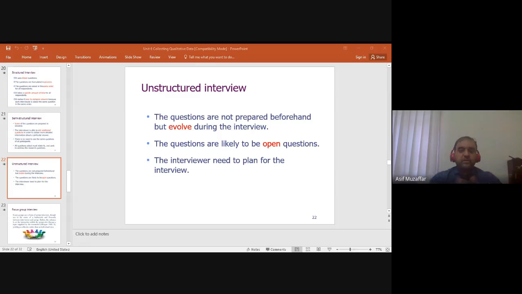Whereas in unstructured interviews, you are not even sure about the research theme. You want to verify the research theme first. So that is why you are conducting some unstructured interview. Yes, it is possible that when you are conducting that unstructured interview, some factors or variables will also come from that interview.